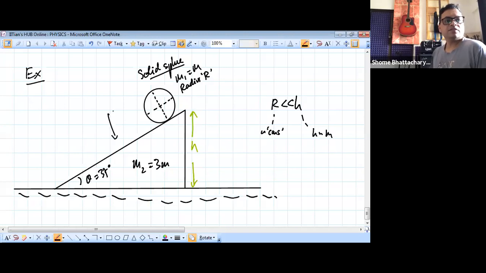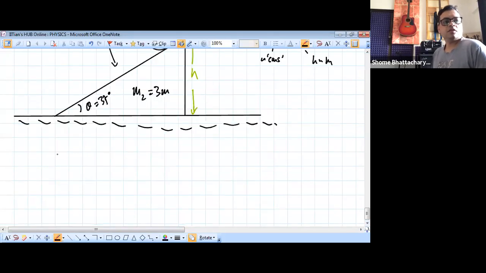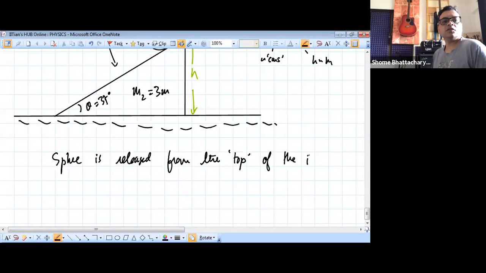And this is a rough surface. So the sphere is released from the top of the inclined surface of the wedge at t equal to 0.